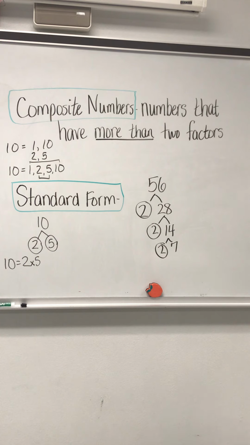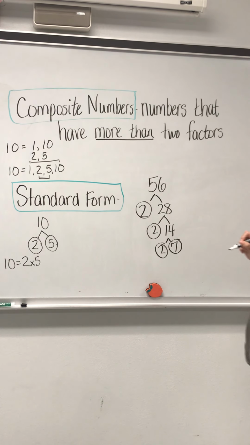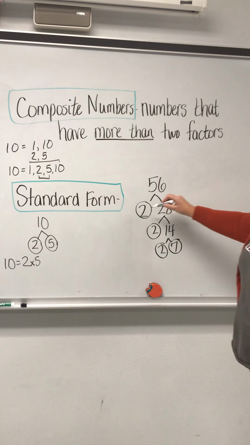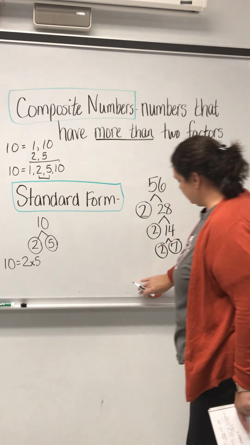Now what's going to happen with 7? Is it a prime number or a composite number? If you look to see if anything multiplied goes into 7, it does not. So it is a prime number as well, so we will circle that. So now let's write this in standard form. I have 4 circles: 2, 2, 2, and 7.